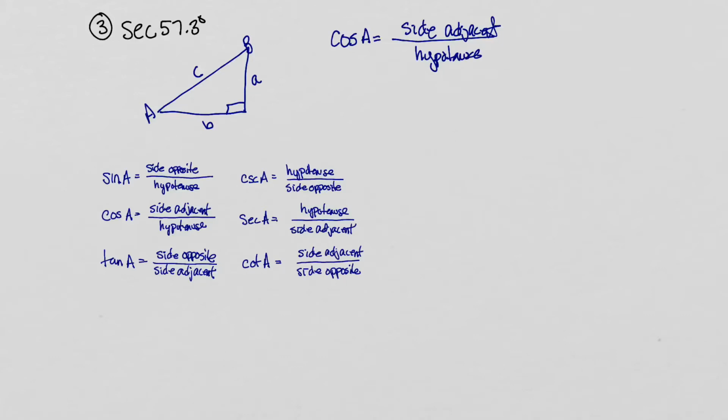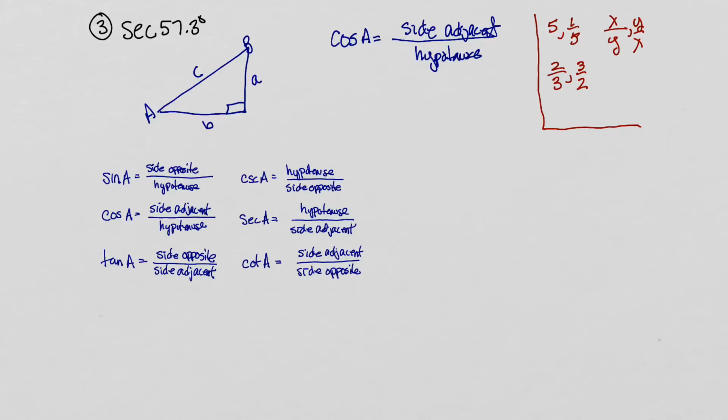Now what I'm going to do is take the reciprocal of each one of these. Before we do that, let's get a little reminder of what reciprocal is. If you have a number like 5, the reciprocal is 1 over 5. If you have a number like 2/3, you get the reciprocal by flipping it over: 3/2. If you have an expression like x over y, the reciprocal is y over x.